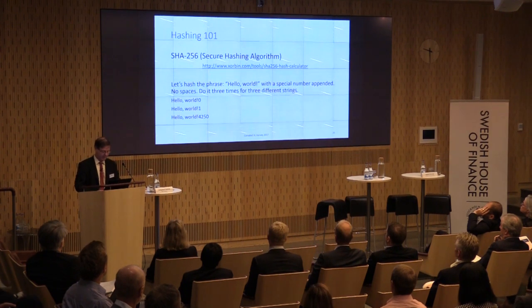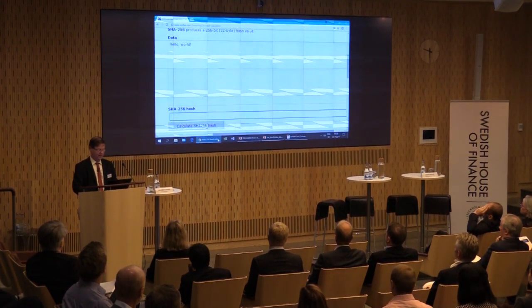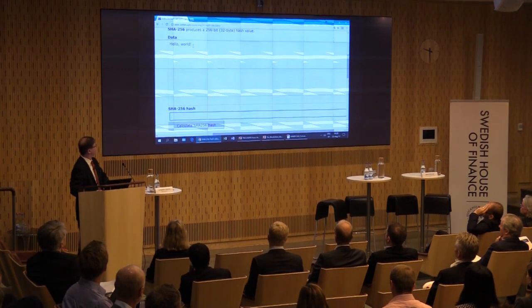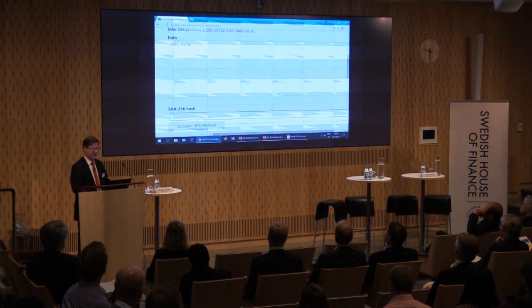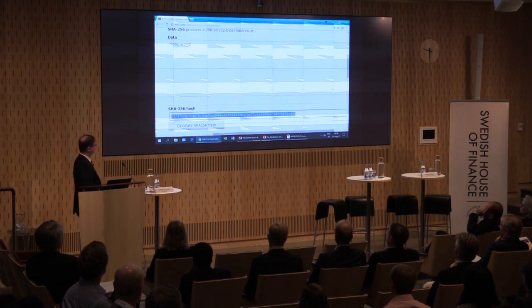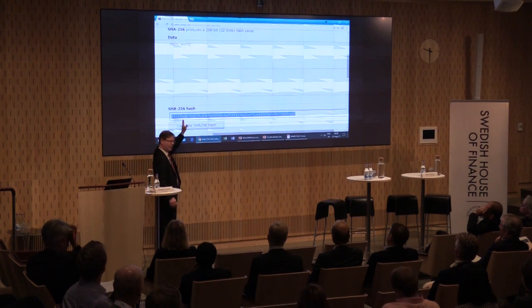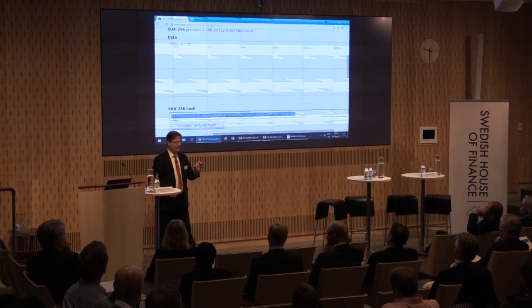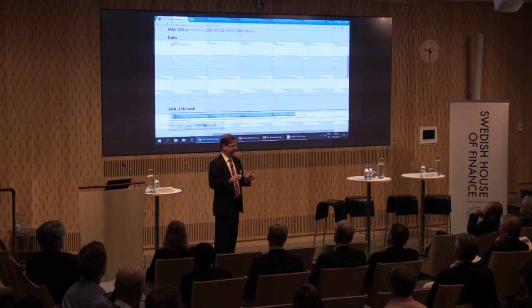And I'm going to jump out to the internet and do a hash for you. So I just typed in hello world. And now I will do the hash. And it's not going to be 256 zeros and ones. I'm going to do this in hexadecimal format. Hexadecimal is 0 to 9 plus the first 6 letters of the alphabet.